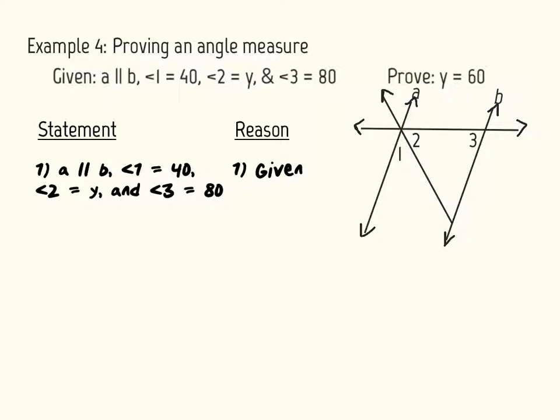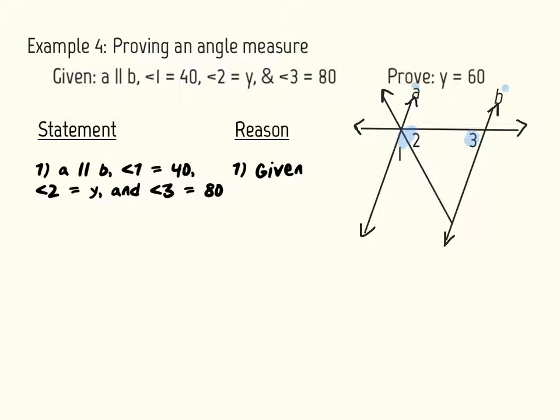Next I'm going to see what I can do. I know based on same side interior angles, if we have two parallel lines right here, A and B, then the interior angles right here and right here are going to add up to be supplementary, so they add up to 180 degrees.